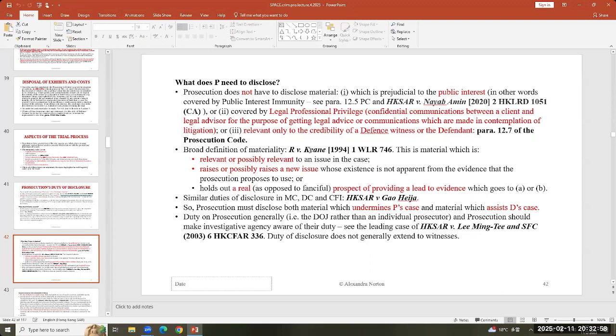And remember, when we talk about legal professional privilege, there's two aspects of it. There's the concept of legal advice privilege, which is the communications between a client and his legal advisors for the purposes of getting legal advice. But there's also this concept of litigation privilege, which extends outside of the counsel-client relationship and covers communications with third parties, like with an expert.